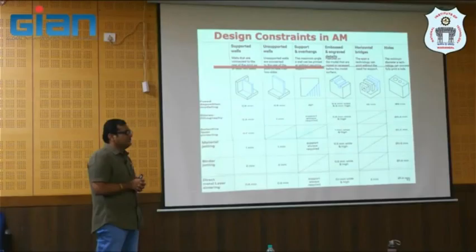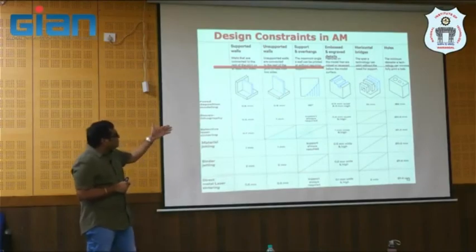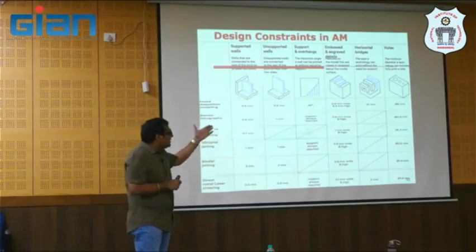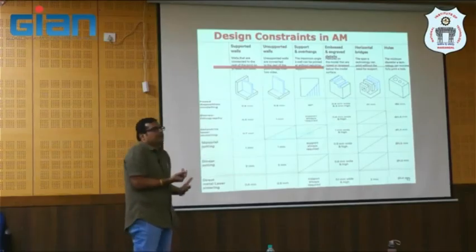It's going to dictate your features like a support wall or unsupported wall or any overhang, right? And then you have embossing, engraving features and horizontal bridges and minimum size of the hole that you can realize.